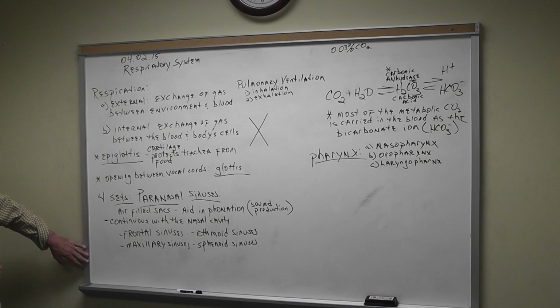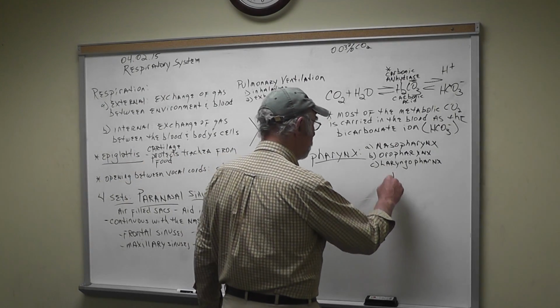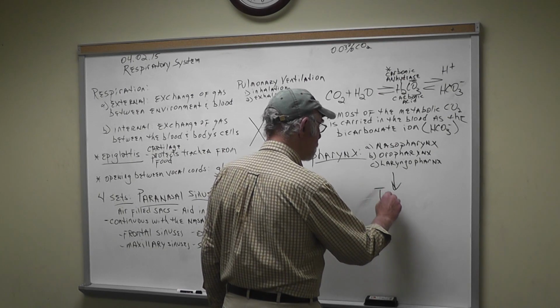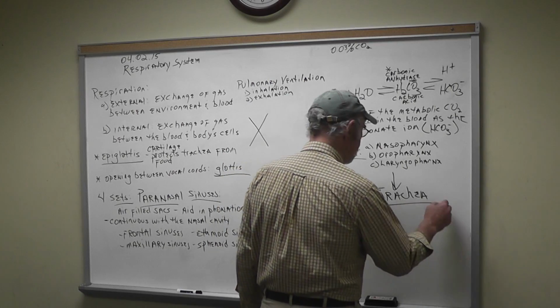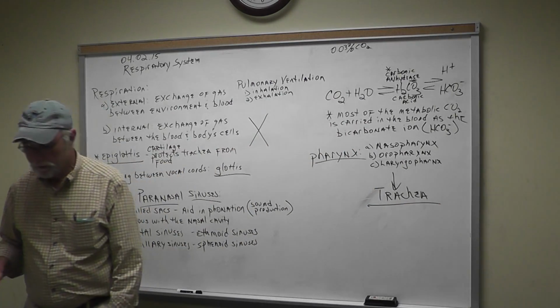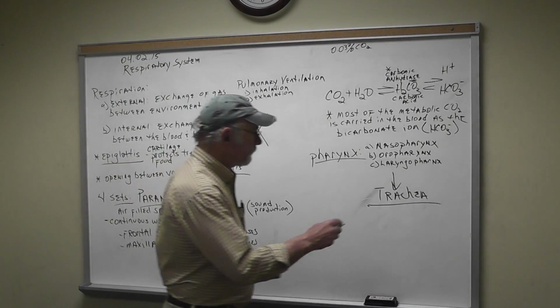All right. Now, once we get past the laryngopharynx, we go into the trachea, the so-called windpipe. I guess we will go through a little bit of this. Now, the trachea is the windpipe.